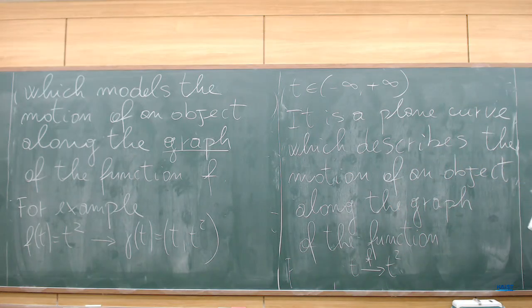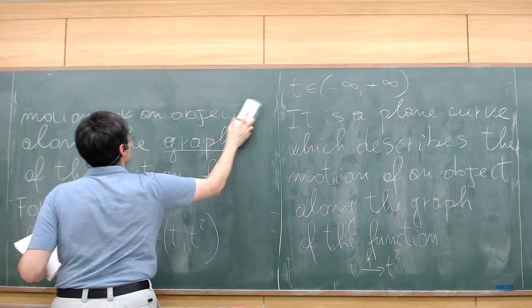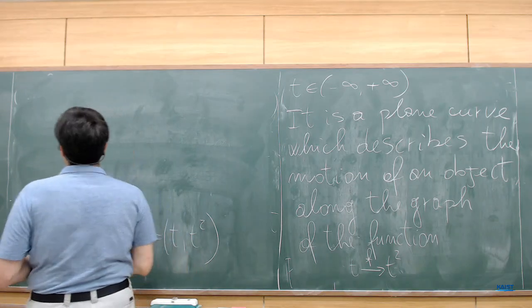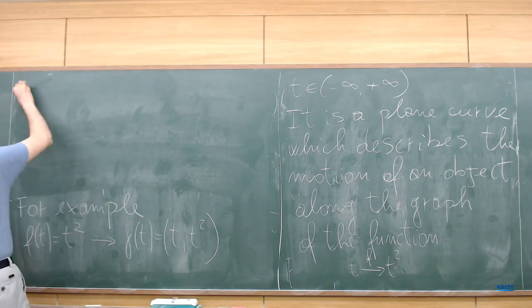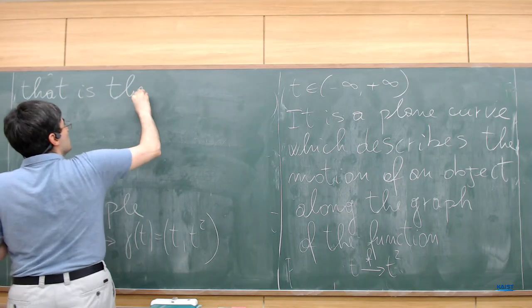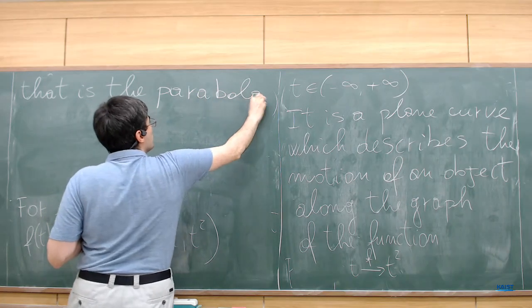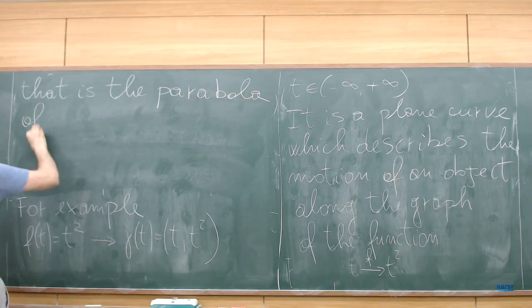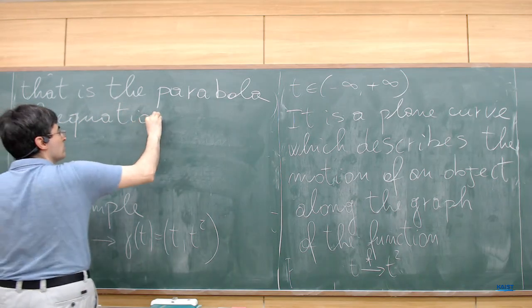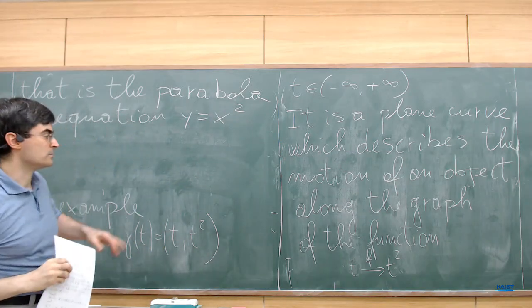That is the parabola of equation y equal x squared. How can you find the equation?